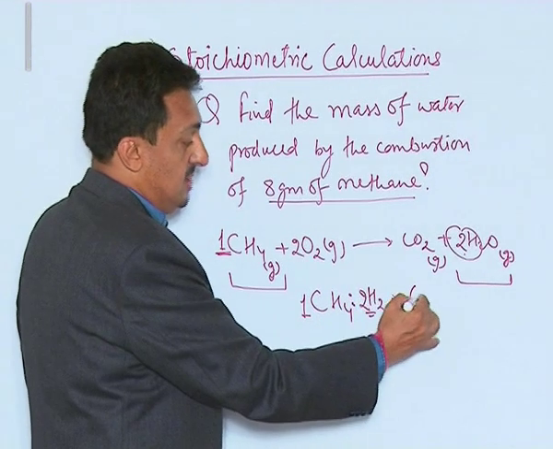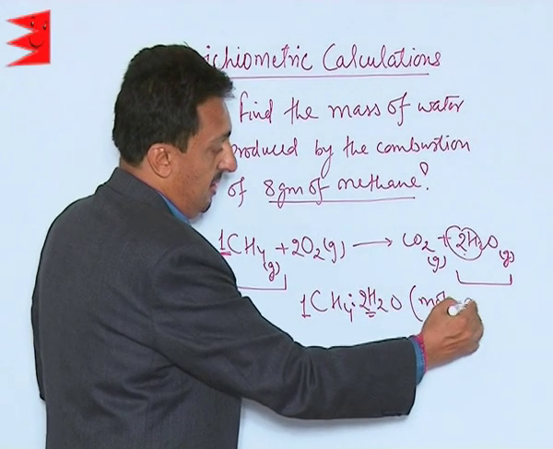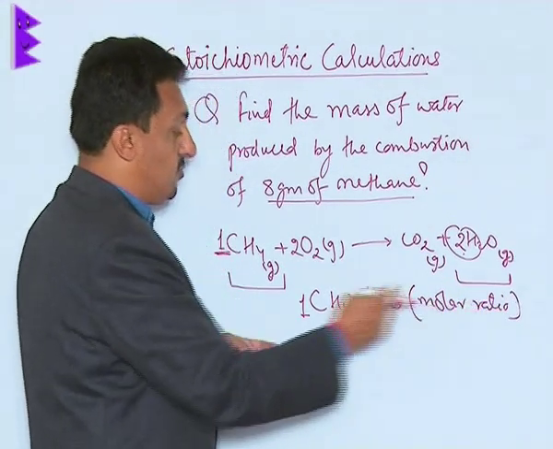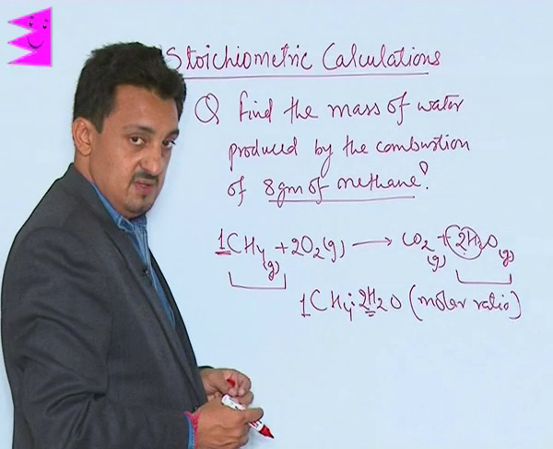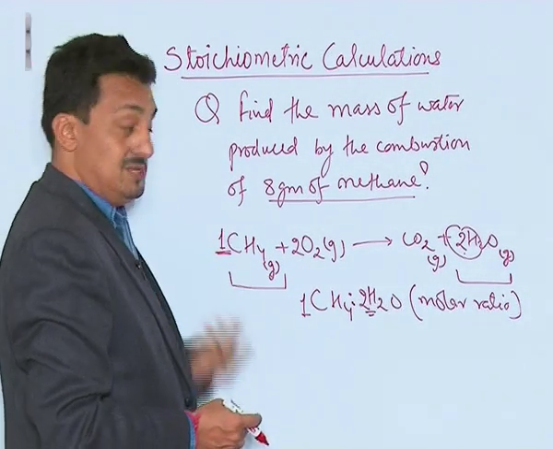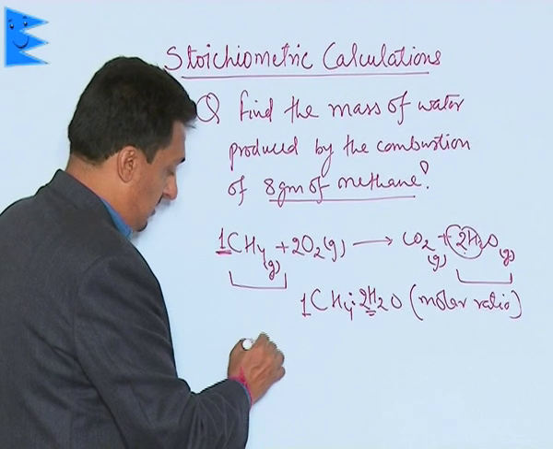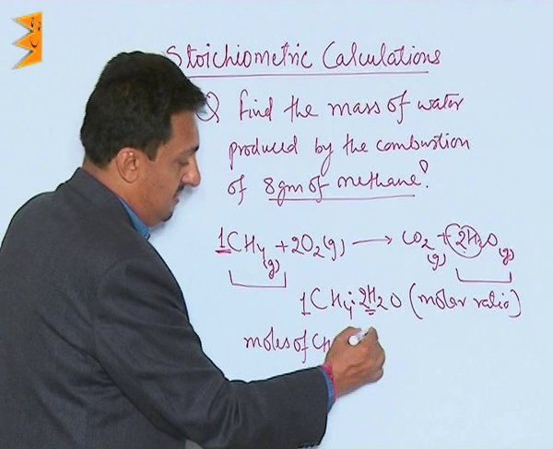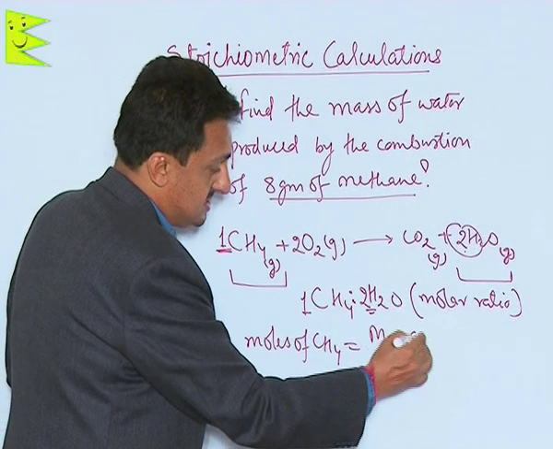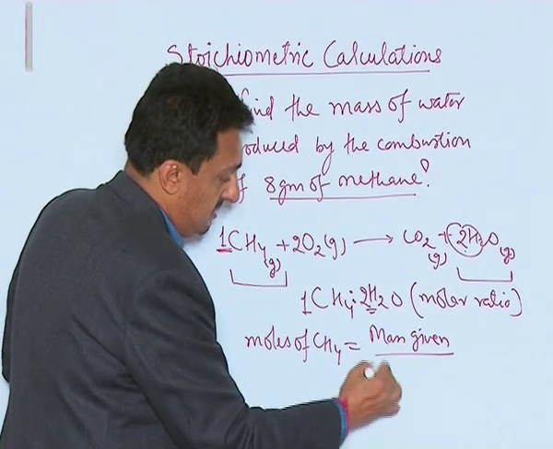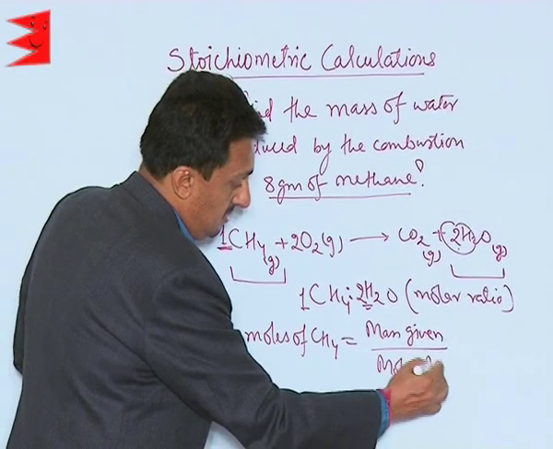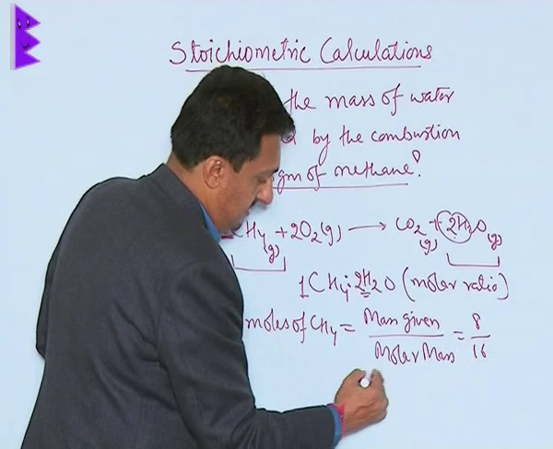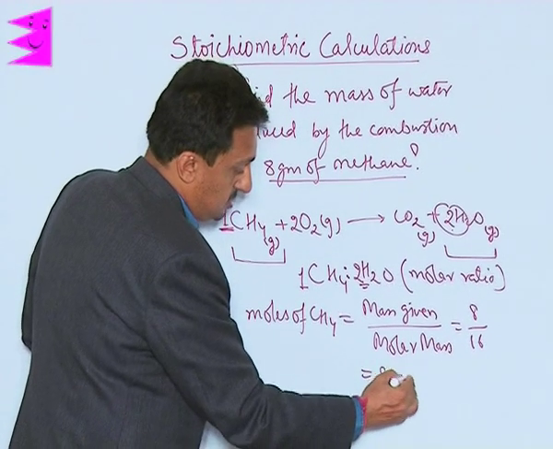This is the ratio, or we can say the molar ratio, between these two components involved in this reaction. Let us find out how many moles of methane are given. Moles of methane are its mass given by molar mass. It is 8 by 16, which comes out to be 2 moles.